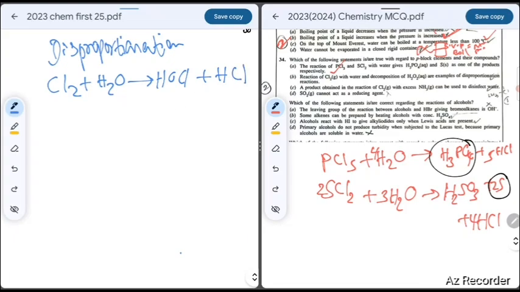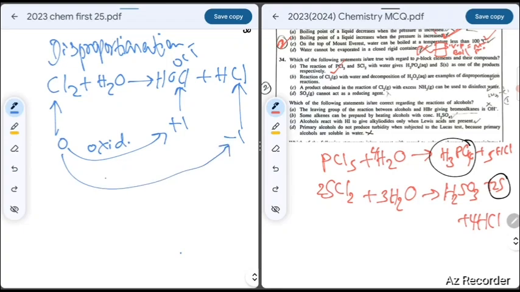No need to balance here. We will check the oxidation states. Here it is plus 1 because here it has OCl minus, O is minus 2, Cl is plus 1. Here Cl is minus 1. Here Cl2 oxidation number is 0. 0 to plus 1 is oxidation and 0 to minus 1 is reduction. So the same species, chlorine, undergoes both oxidation and reduction. Therefore it is a disproportionation reaction.